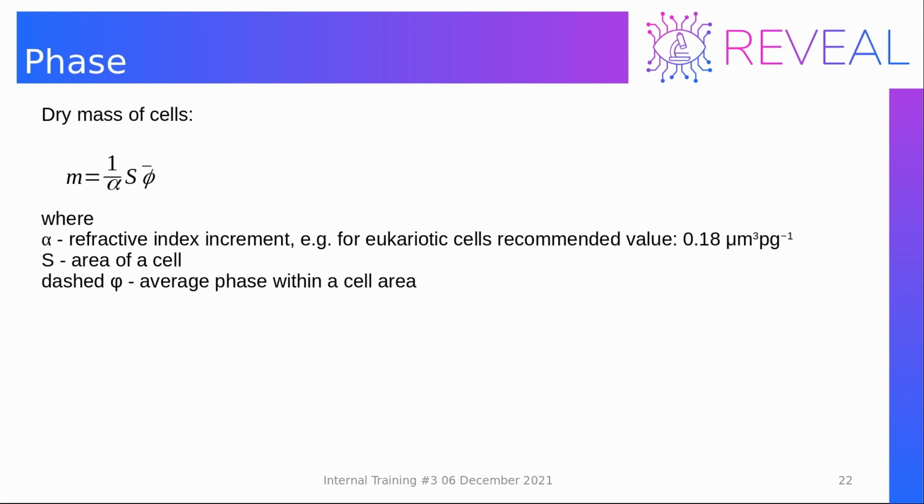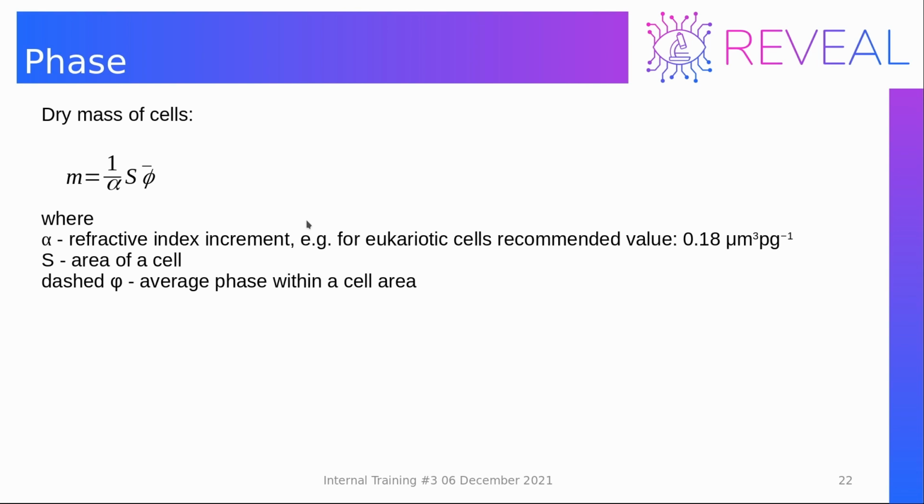So for example, lipid droplets have a different refractive index increment, proteins have a different one, and so on. But what we usually do is we usually use the 0.18 value as the average for eukaryotic cells. And if you apply this equation, you can easily retrieve information about the dry mass of the cells that you imaged.